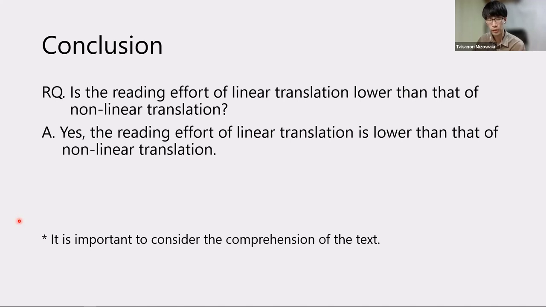And from the data obtained, we analyzed whether linear translation or non-linear translation had a significant effect on reading time, taking into account the comprehension level of the text as predictors, as well as variations in reading time between participants and between texts as random effects.